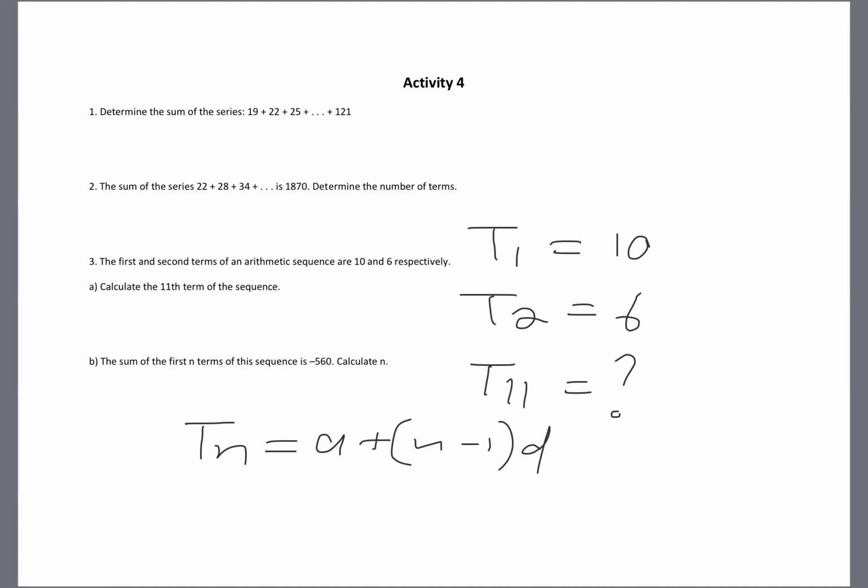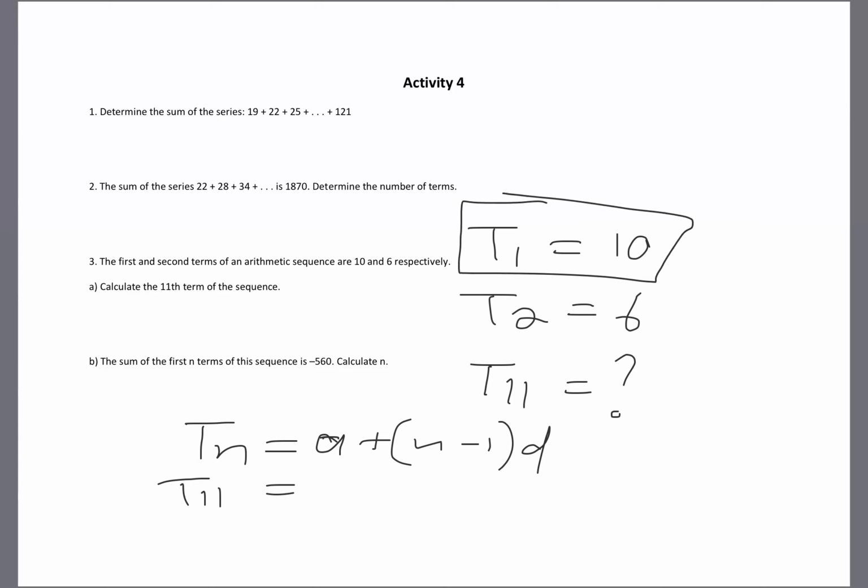And then we're going to say T11 is equal to, what's my a? A is going to be 10 because remember, a is always your T1.